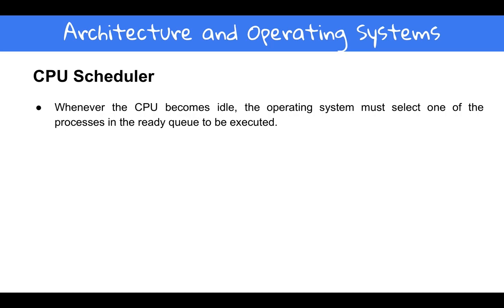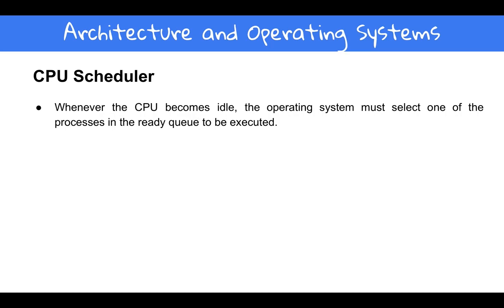CPU scheduler. Whenever the CPU becomes idle, the operating system must select one of the processes in the ready queue to be executed. So we have someone inside the CPU, which is called the CPU scheduler, and his job is to find a right and appropriate process and give it to the CPU to execute.